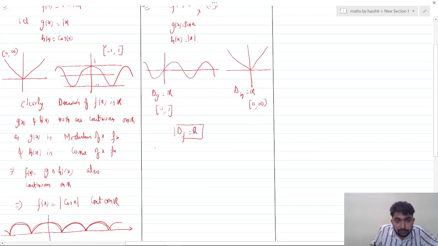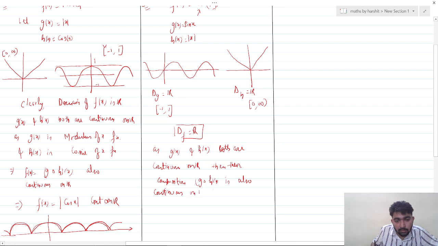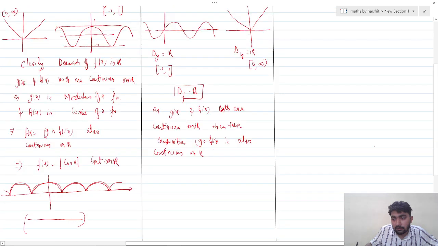Now you can observe that g of x and h of x both are continuous on R, then their composition, g of h of x, is also continuous on R. And what is its composition?